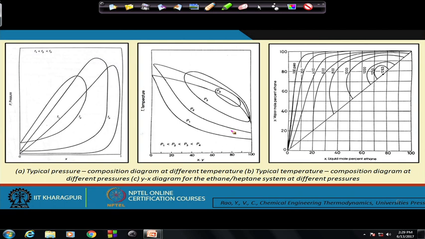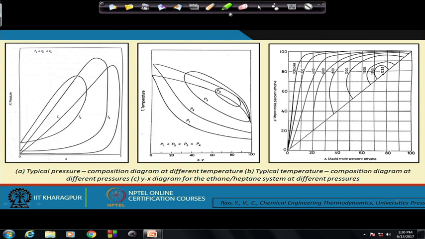We would again land up in separating it into two particular liquid mixtures. Now, under this condition, suppose we concentrate on the phase diagram at P1 and the phase diagram at P4.